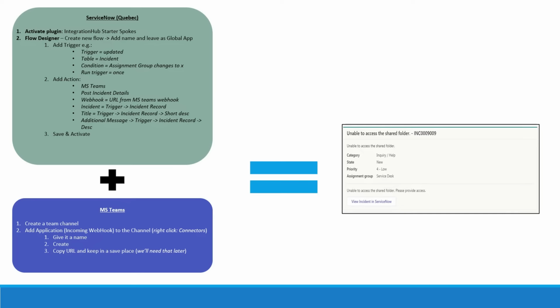We're going to add a trigger and add an action. And on Microsoft Teams, like I said, we're going to create a channel and add our application to that. The output is going to be a message which ServiceNow will send to that channel with some information that we either tell it or we just use the defaults, and it'll look something like it does on the right hand side. Okay, let's get started.